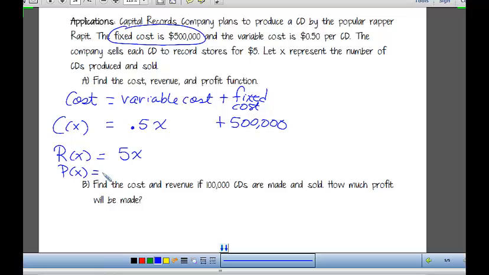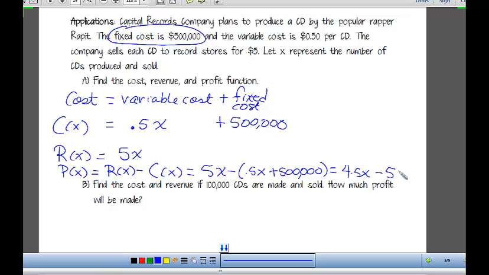P of X equals R of X minus C of X, or 5X minus (0.5X plus 500,000), or 4.5X minus 500,000. Questions about that?